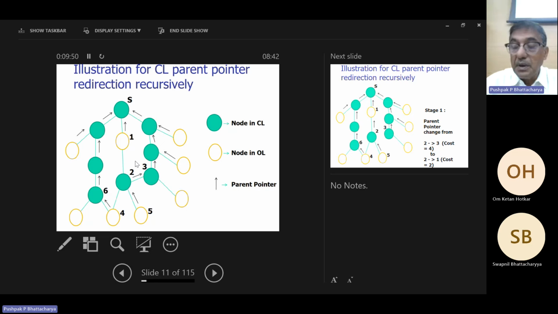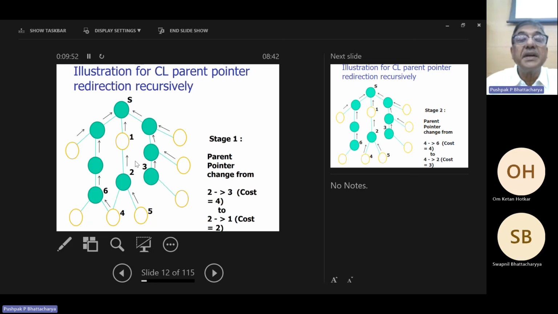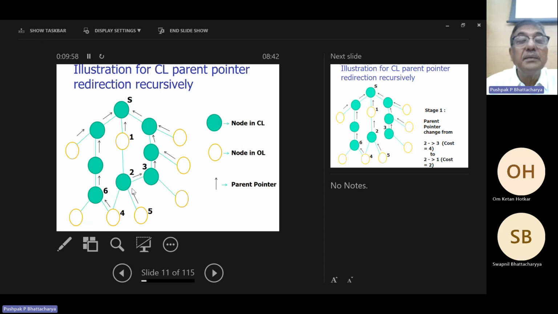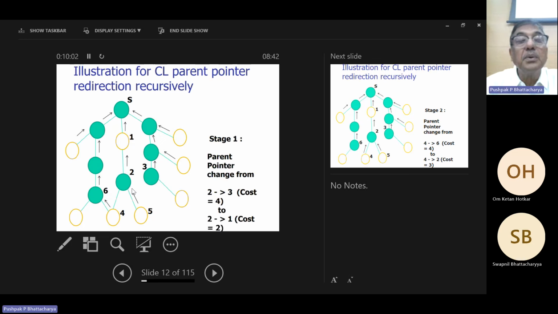And now, in the next stage, the parent pointer changes from 2 to 3, which was here, okay, 2 to 3, to 2 to 1, okay, through an expansion, 2 to 1.